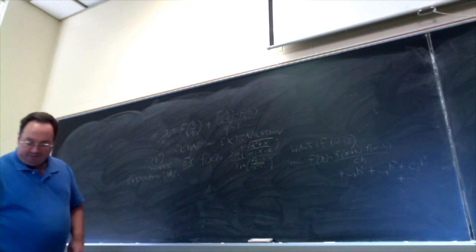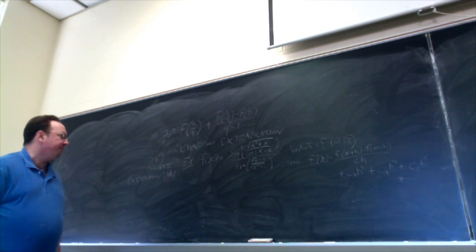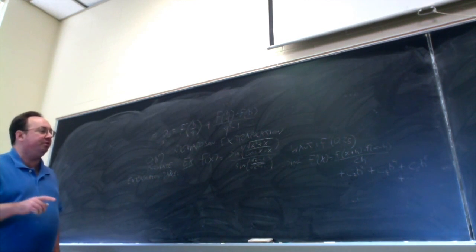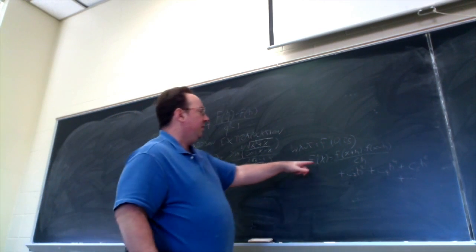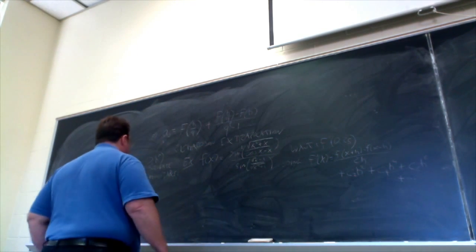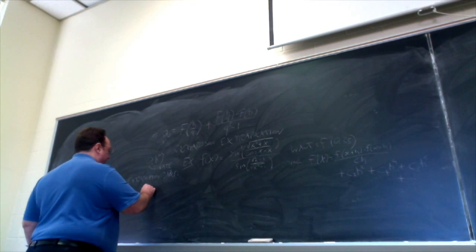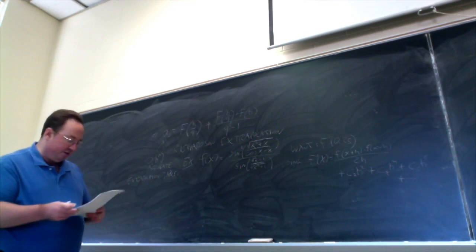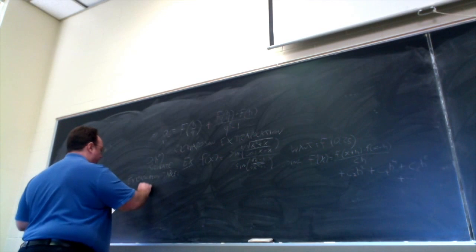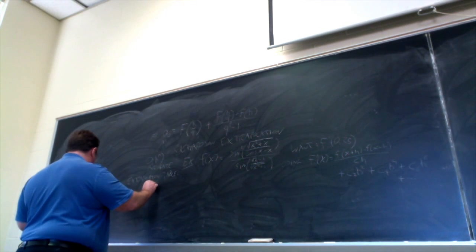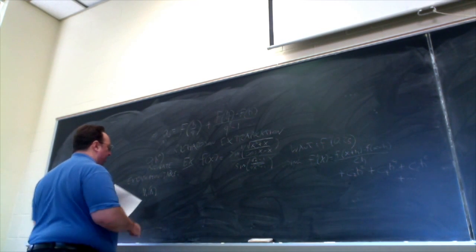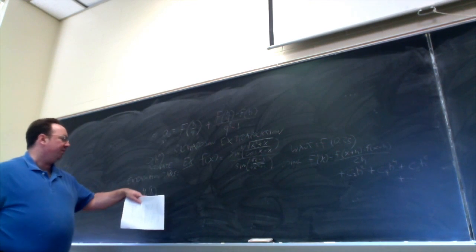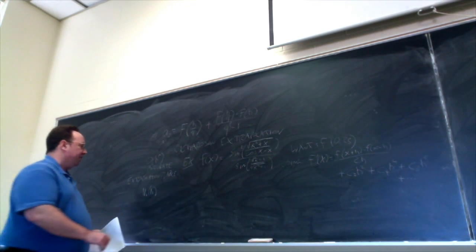Okay, so the first thing I do is use this rule to compute two approximations. My notation: I compute N1 of h, using my center difference with spacing h.